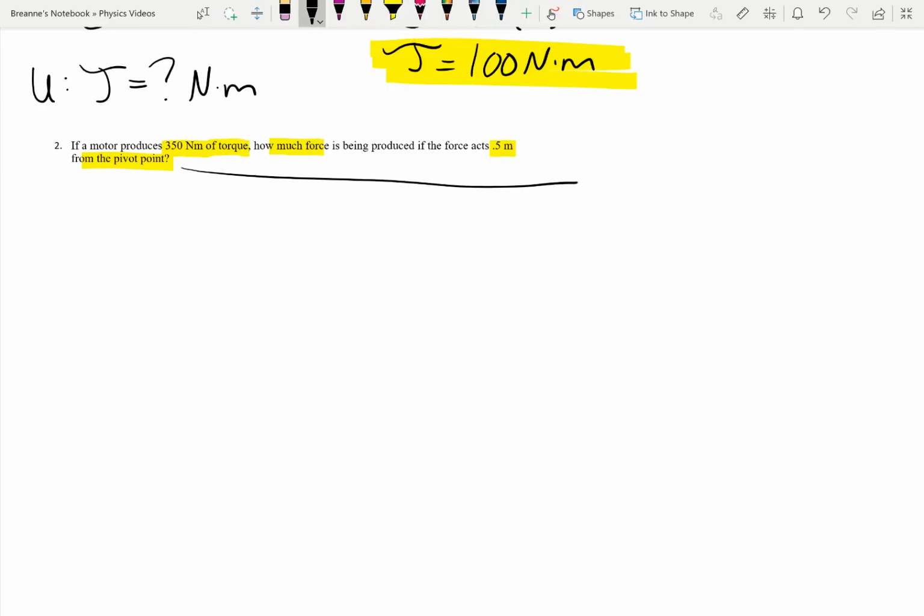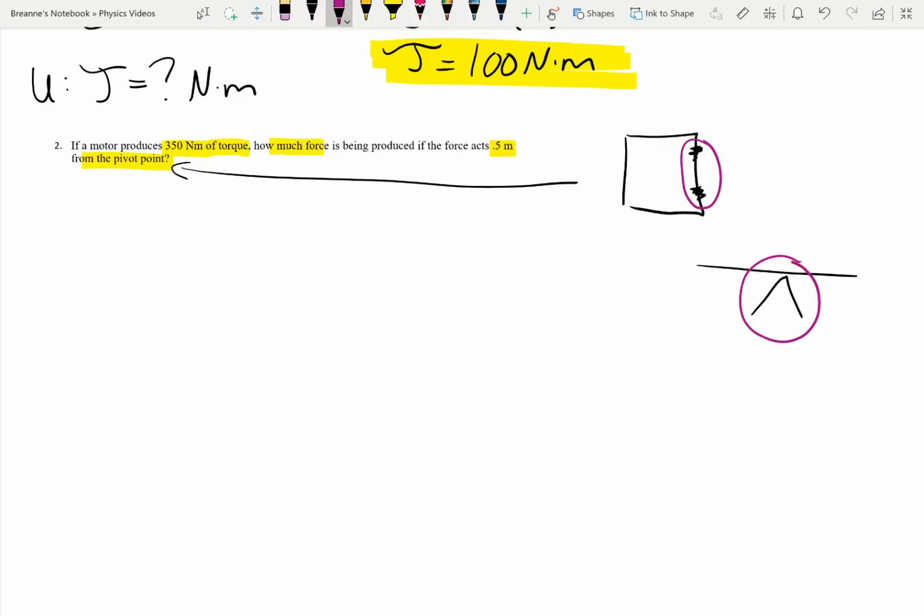So just so people remember what a pivot point is, if we're going on the other problem dealing with a door, you have your hinges, and that door rotates around the hinges, so that's your pivot point. If you think about a seesaw, your middle part would be your pivot point because that rotates around there. So your pivot point just is what the object rotates around.